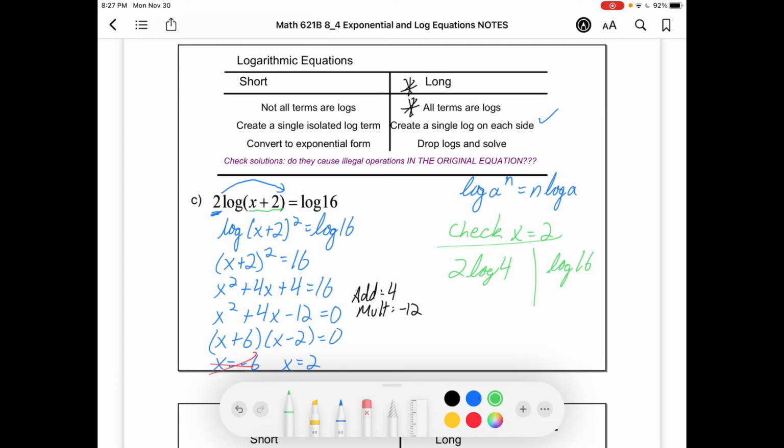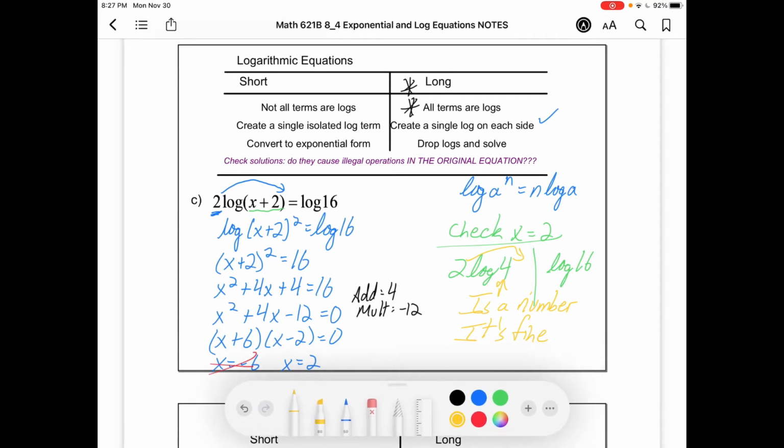The main thing I want to notice here is that log of 4 is a number. It's fine. Now we can go through more of the check and pull that 2 up front and see we'll get log 16 equals log 16 because the 2 can go up as an exponent. But the main thing is that it didn't cause us to break the law. And when it doesn't, that typically means that the solution is fine.